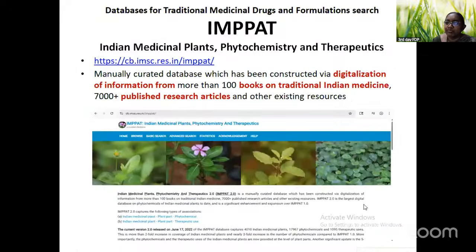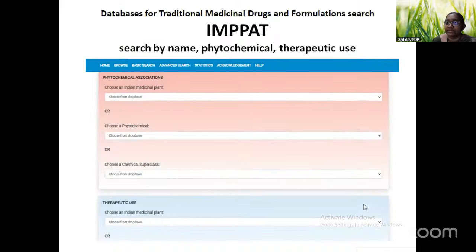Second one is the IMPACT. This is the second site for traditional ethnobotanical usage search. It has decisive data about the various medicinal plants and their uses. This is all based upon the textual information on Indian medicine, and also the research articles that have been published, which contain information about traditional medicinal or folklore drugs.